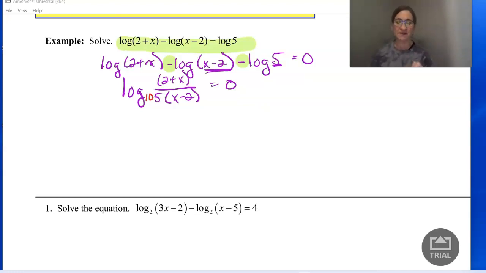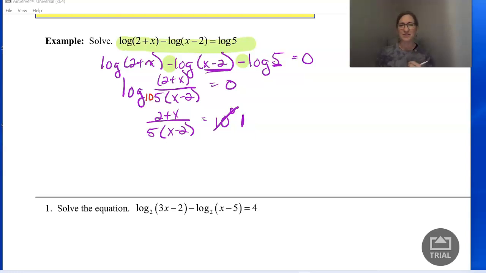So when I put this into exponential form, it's going to be (2 + x) over 5 times (x - 2) equals 10 to the 0. Now that's in exponential form. Well, anything to the 0 is 1. So this 10 to the 0 is just 1.